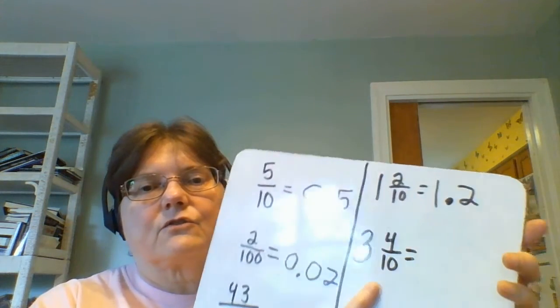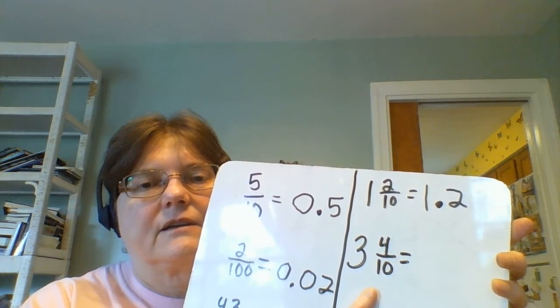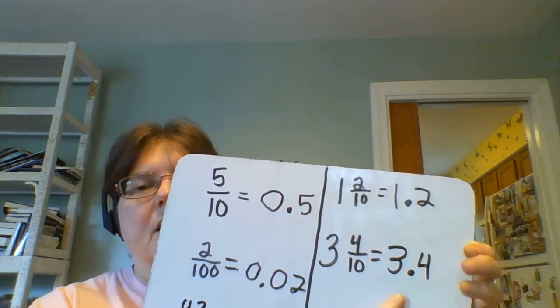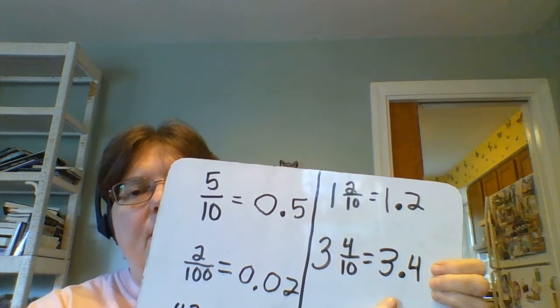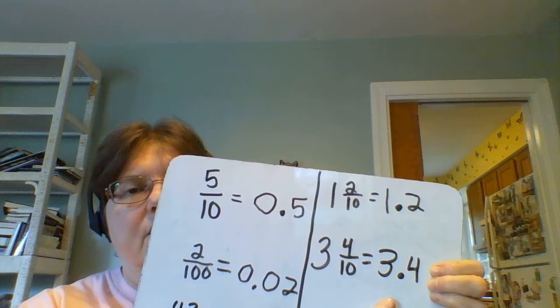What do you think 3 4/10 would be? It would be 3.4. 3 4/10 is 3.4.